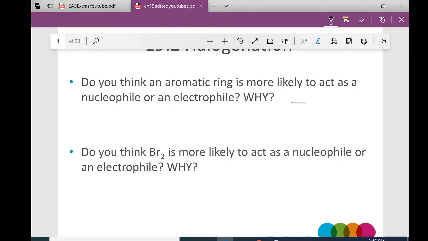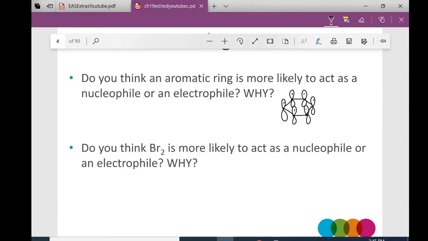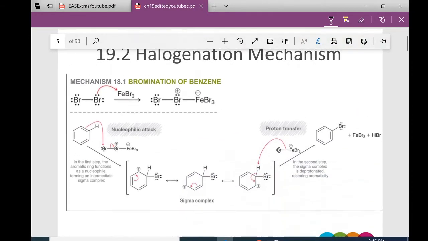So remember, an aromatic ring, if we look at it on its side, has these p orbitals that are overlapping, and each carbon has donated one electron into each one of those p orbitals, and in such a way the electrons are distributed around the ring in something called resonance, but that high region of electron density actually allows it to act as a nucleophile. So we're going to see that with this electrophilic aromatic substitution.